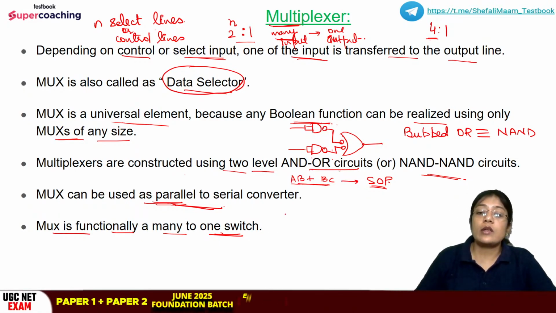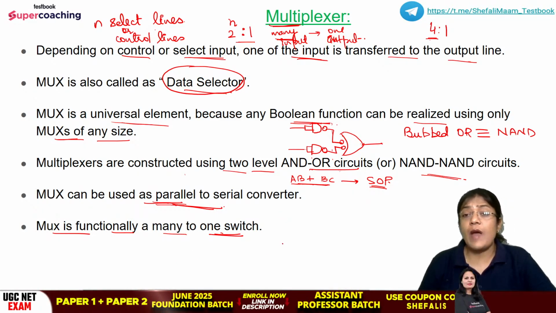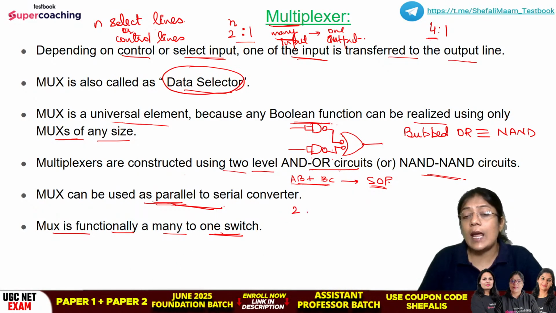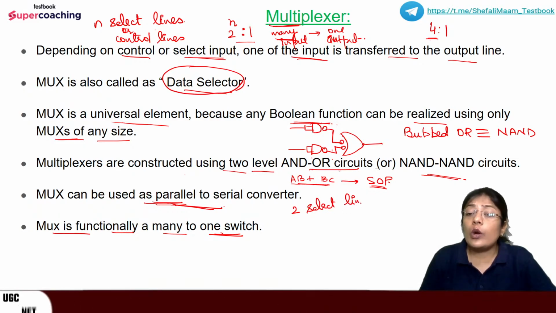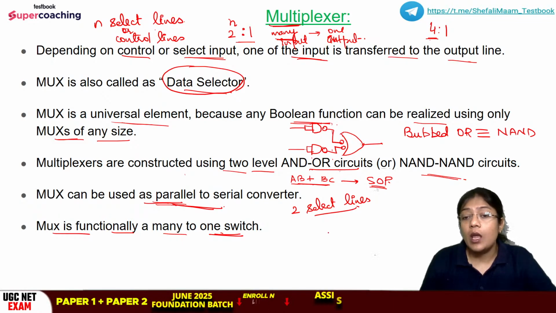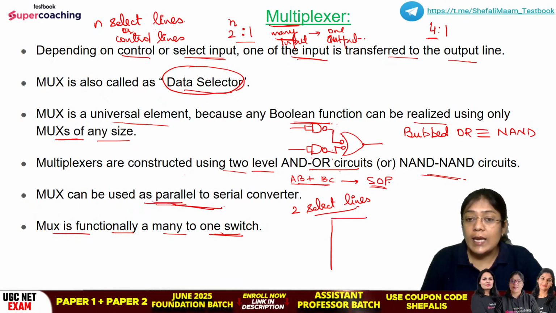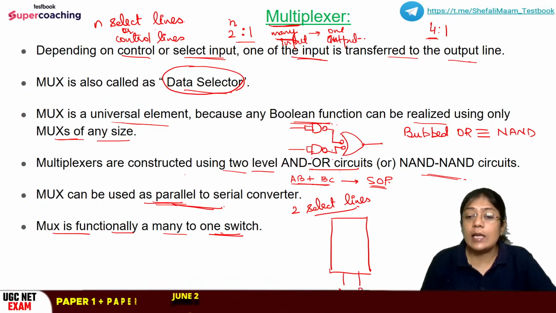So this is the introduction to the multiplexer. If I say that I have two select lines, then how many inputs will there be, or what will be the size of the multiplexer if two select lines are there? Let me call these A and B. So these are the two select lines.